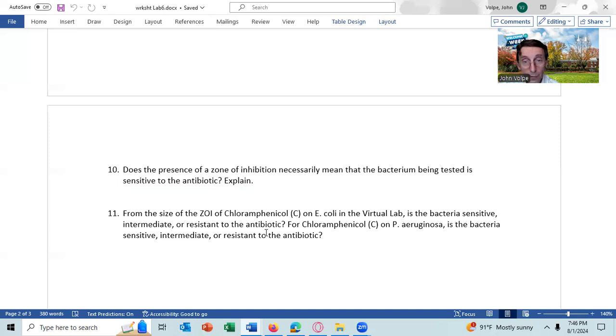And then for chloramphenicol on the bacteria Pseudomonas aeruginosa, is the bacteria sensitive, intermediate, or resistant to that antibiotic?